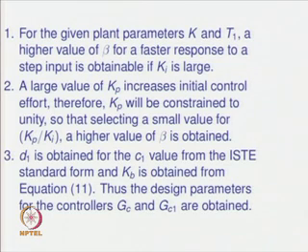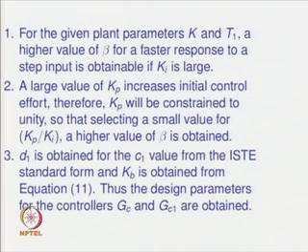For that, we will constrain the Kp value to unity, so that by selecting a small value for Kp upon Ki, or indirectly speaking 1 upon Ki, a higher value of beta is obtained. Then D1 is obtained for the C1 value from the ISTE standard form, and Kb is obtained from equation 11.